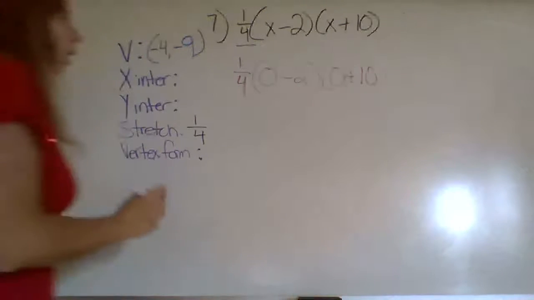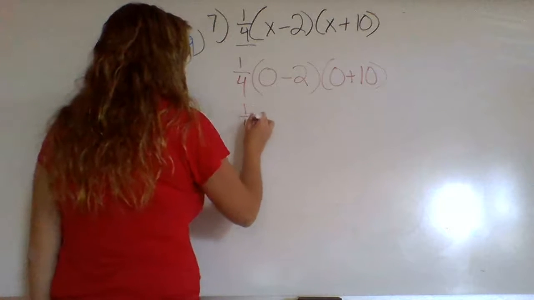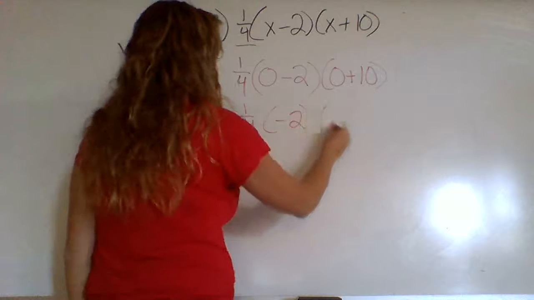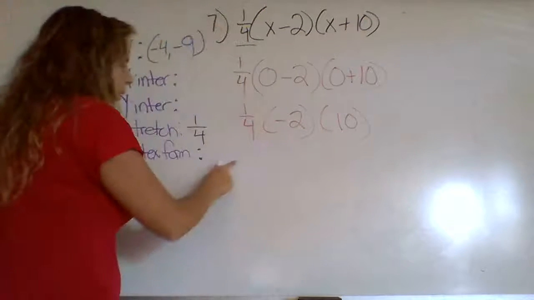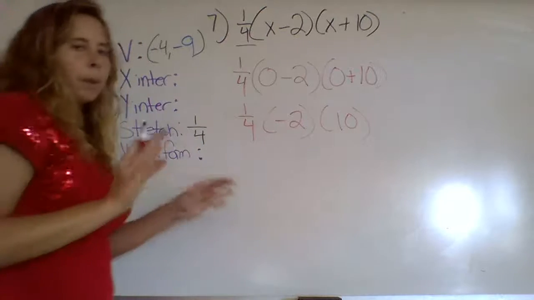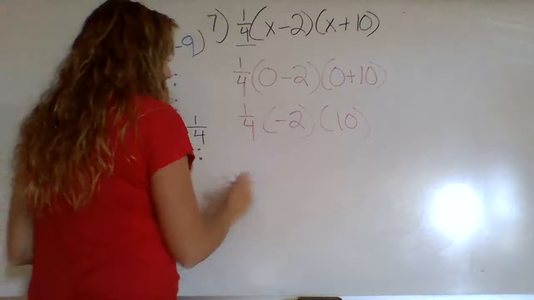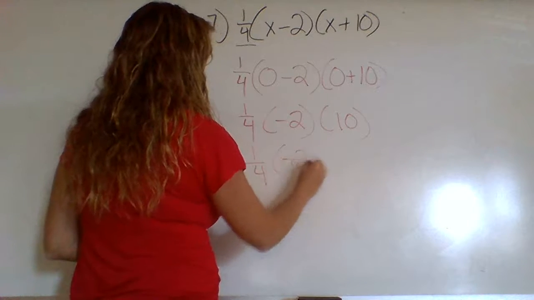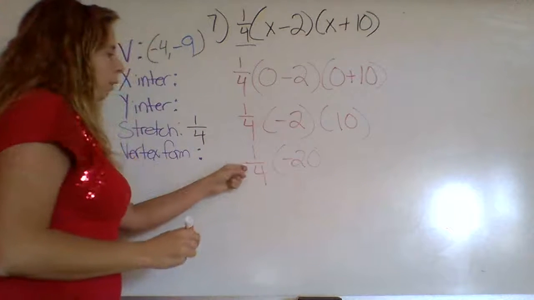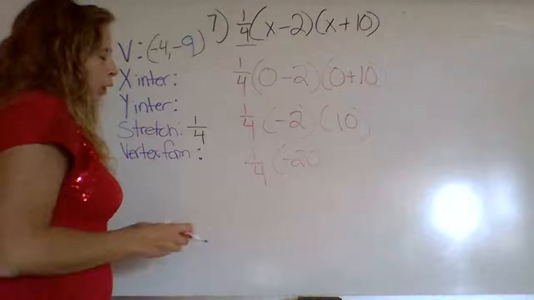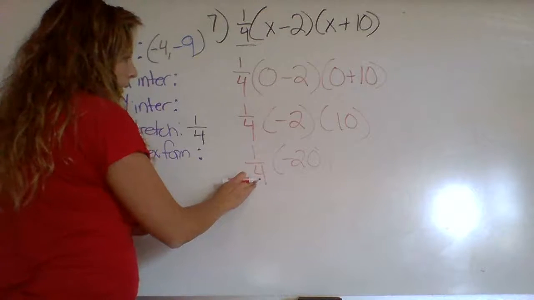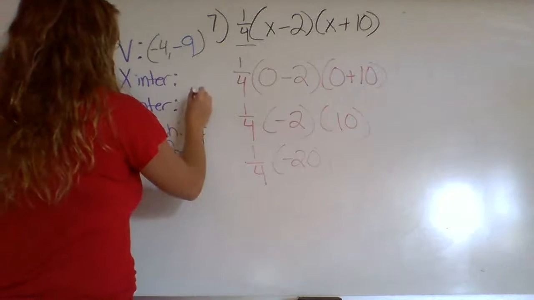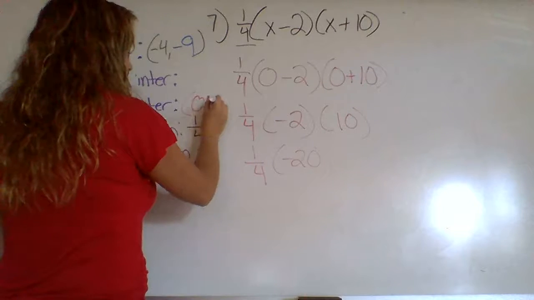So 1/4, 0 minus 2 is -2, 0 plus 10 is just 10. Then you multiply them all together. It doesn't matter what order you multiply them in. Negative 2 times 10 is negative 20, and negative 20 times 1/4 is negative 20 divided by 4, which is negative 5. So our y-intercept is (0, -5).